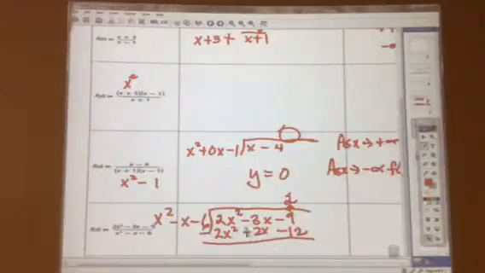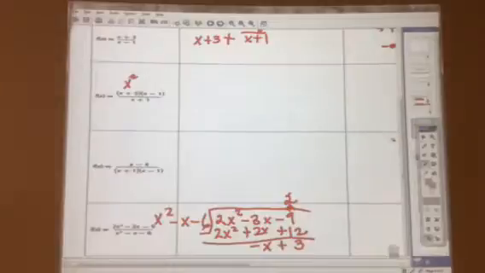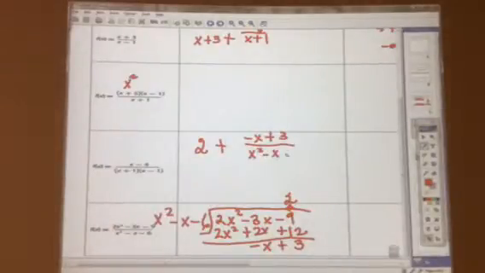Change your signs. Negative x plus 3. How do I write that as quotient plus remainder over dividend? 2 plus negative x plus 3 over x squared minus x minus 6.